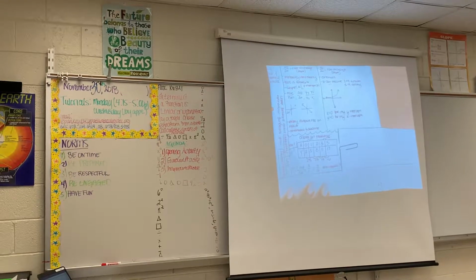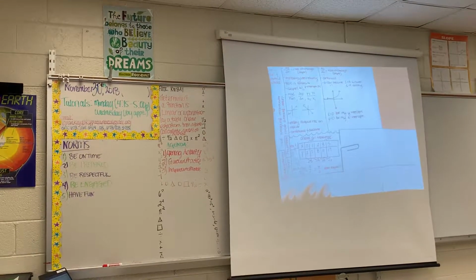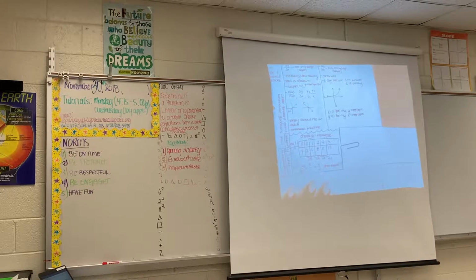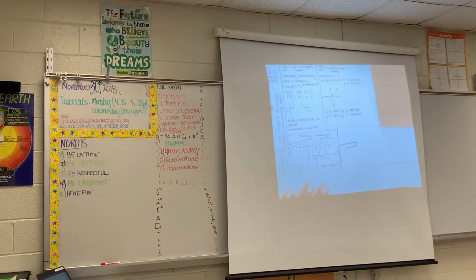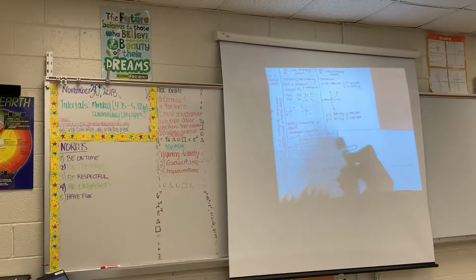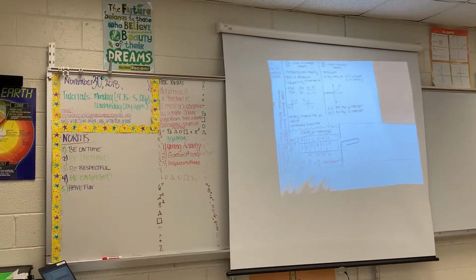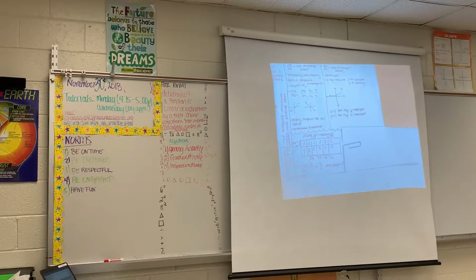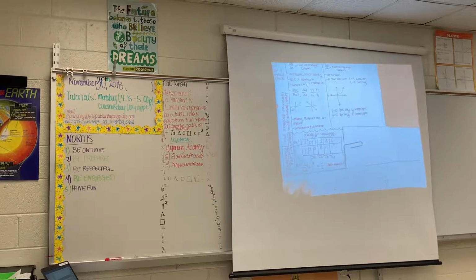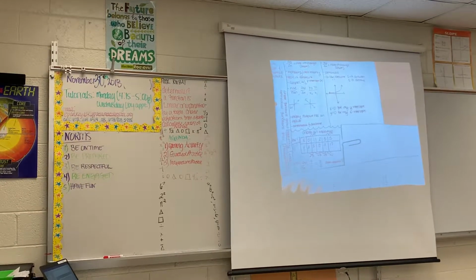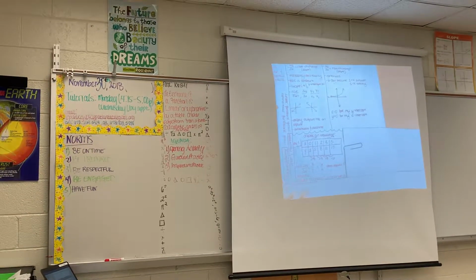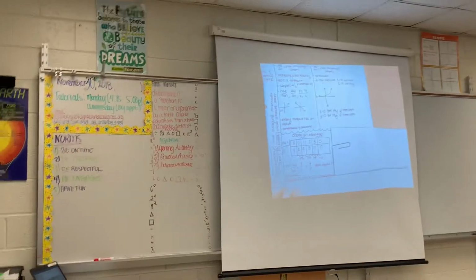So that gave us 3 over 1. Okay, and then if we look at the end, the change was 6 for y, and it was 2 for x. When we simplify both of these, it gives us 3. So we know that this is a linear function.